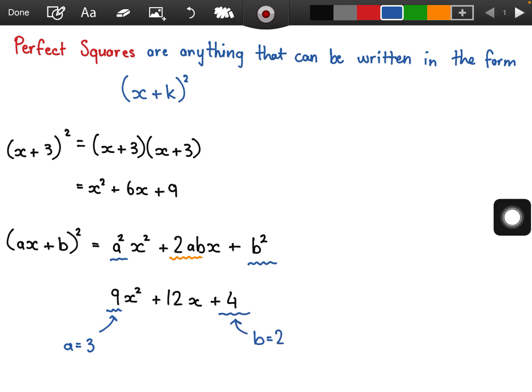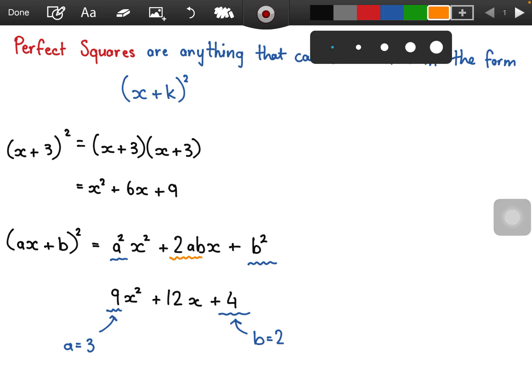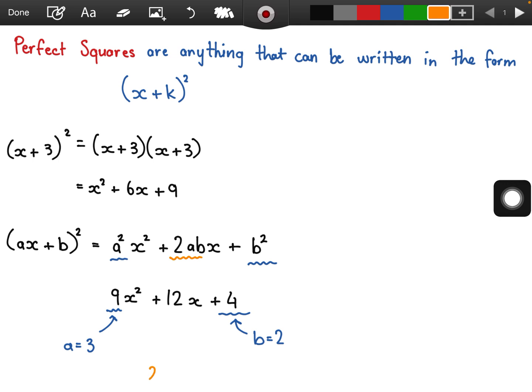So if that middle number, 12, is 2 times a, so 3, by b, so 2, then this is a perfect square.